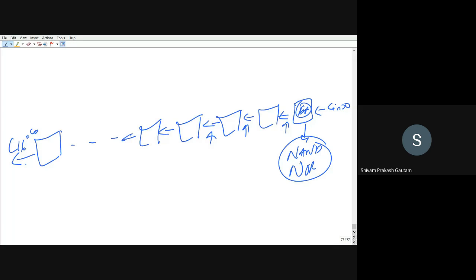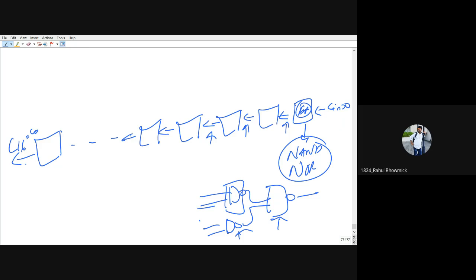That is also 2 levels. If we have NAND gates, that will also have 2 levels of processing. In the first level, all the NAND gates will be there, and in the second level, the output of the first level will go to the second NAND gate. So 2-level processing will be there, and so this carry 1 will be generated. Similarly, for full adder 2, again the same thing will be there.